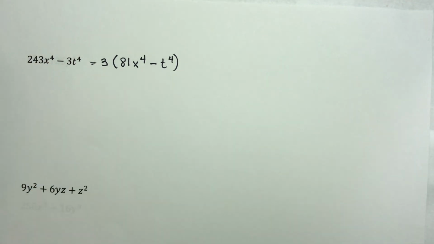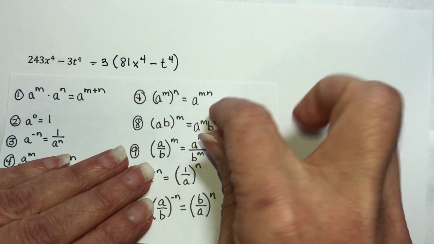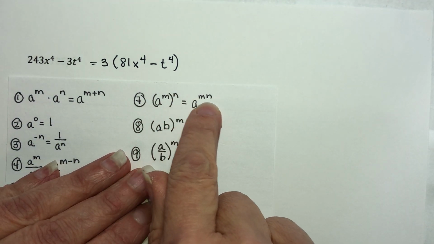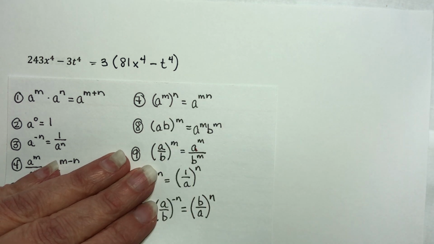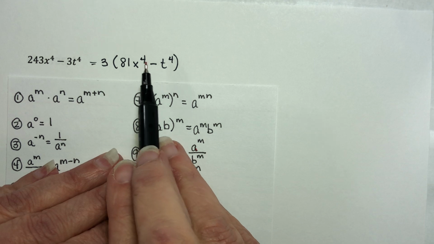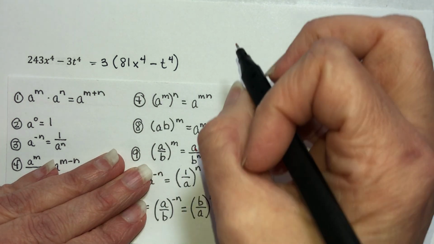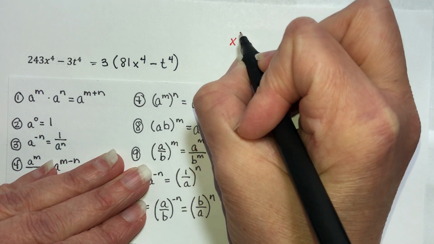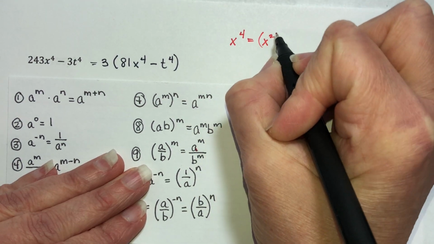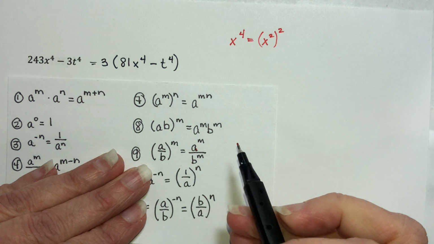What we need to remember is from section 5.1, we had this property right here. A power raised to a power, you can multiply those together. What this means for us is anytime you have an even power, it is a perfect square. I can rewrite x to the fourth as x squared squared.